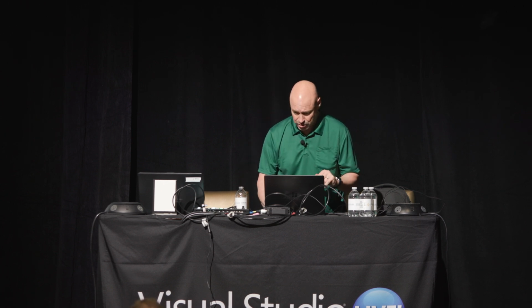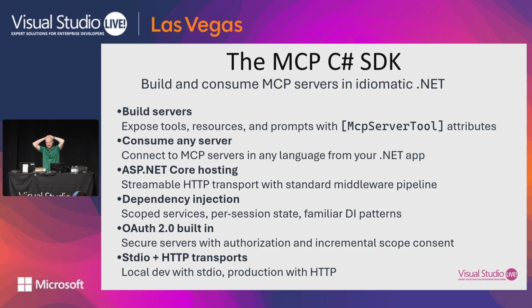Okay, so there's a C# SDK. The MCP C# SDK is a way of writing official MCPs using .NET, and it handles all the important stuff. You can use annotations, and it wires everything together in a way that makes it look like normal .NET code.